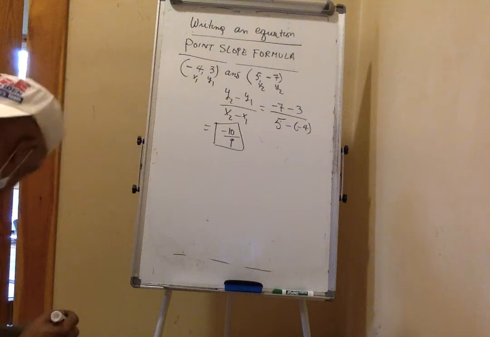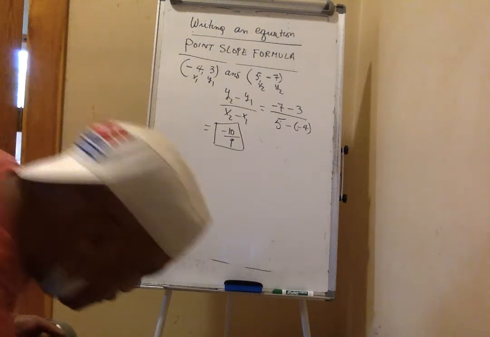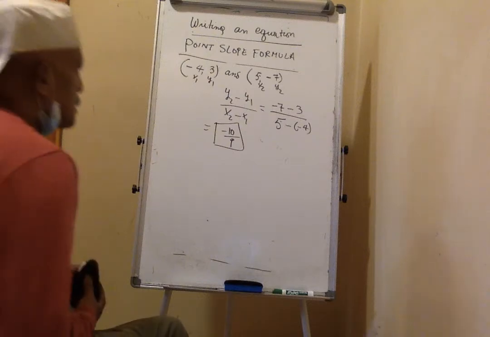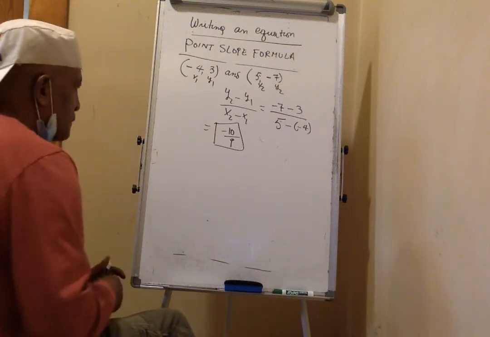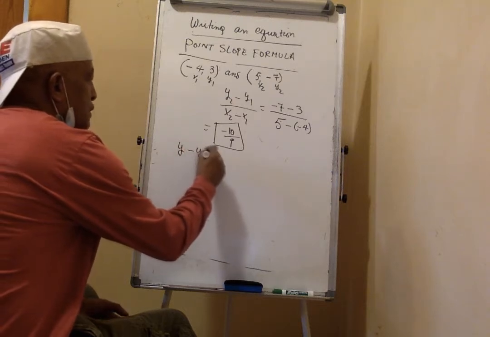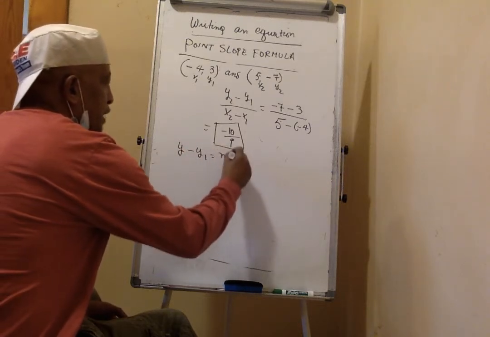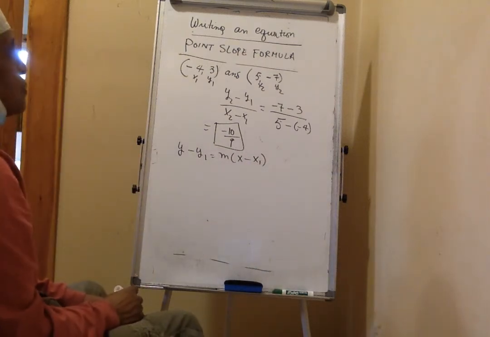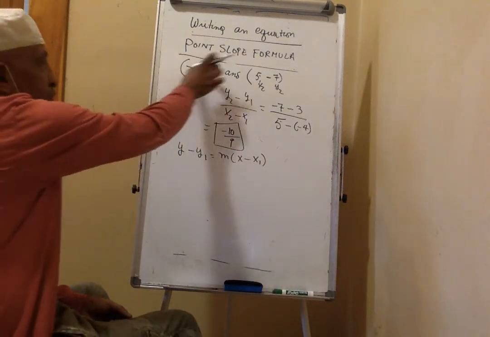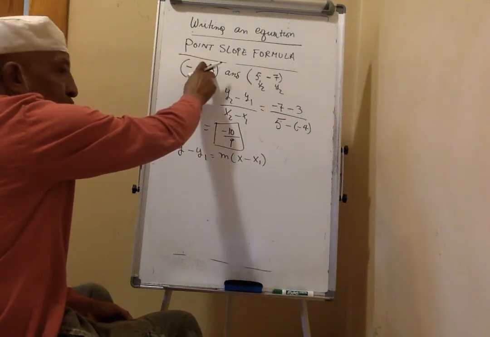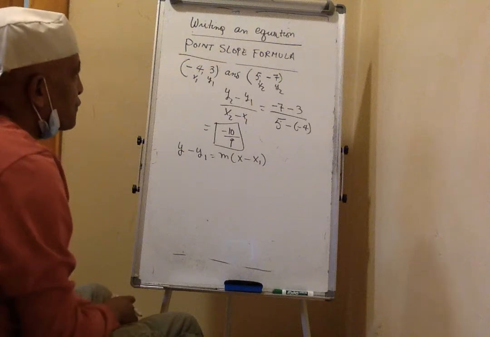Now use the point slope form. So you have y minus y1 is equal to m times x minus x1. You can choose either of the ordered pairs, but you cannot choose both of them.